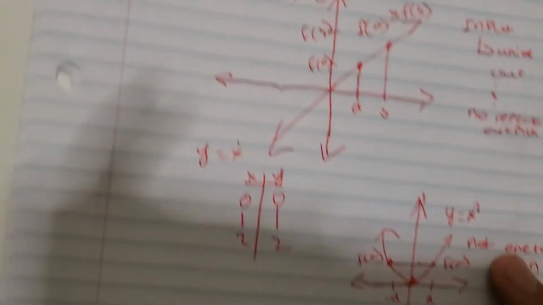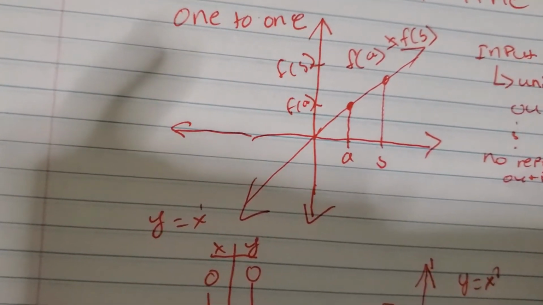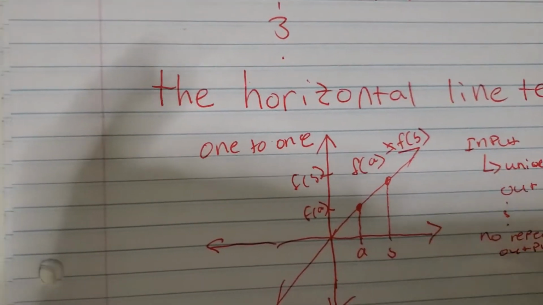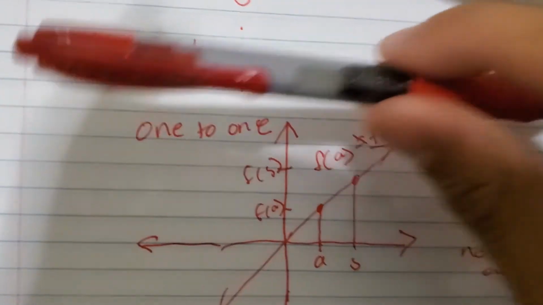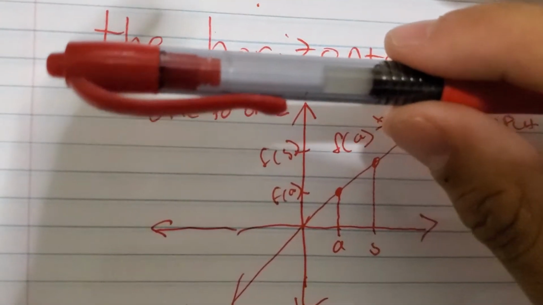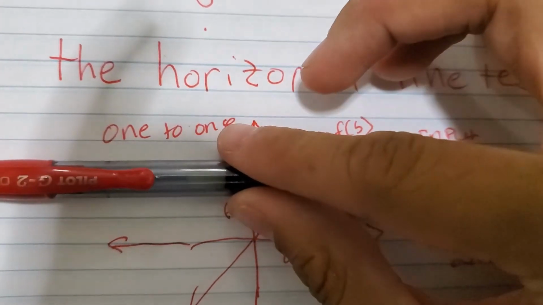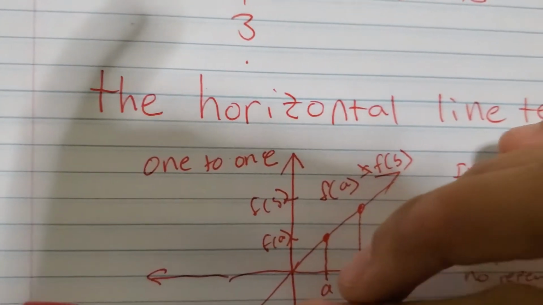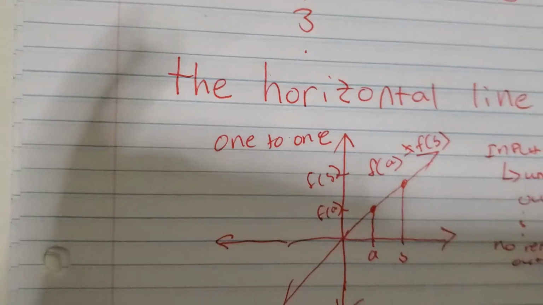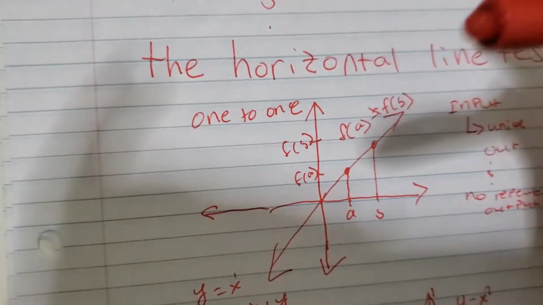That also brings in the horizontal line test. The horizontal line test says that if we take our pen and make horizontal lines going through every point possible on the graph, and it only touches one point horizontally, the function's one-to-one.